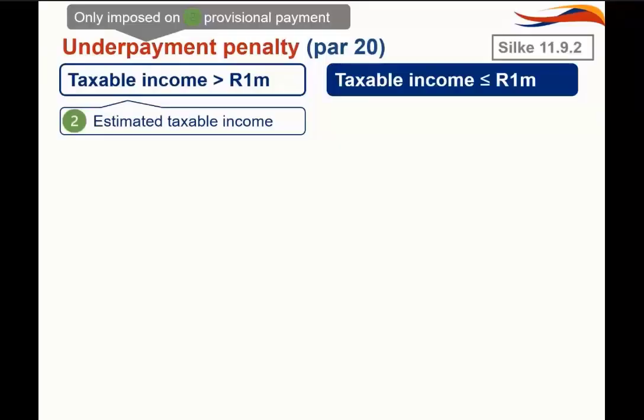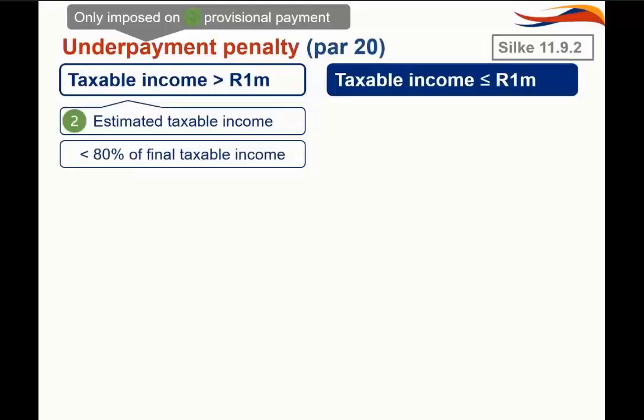Then, if it is less than 80% of the final taxable income, so in other words, your actual taxable income, so if your estimate is less than 80% of your final taxable income, so that means if I have 10 million rand, okay, as my final taxable income, if when I was doing my estimate, I used 7 million, okay, then I am less than 80% of my final, and I will be subject to an underpayment penalty.